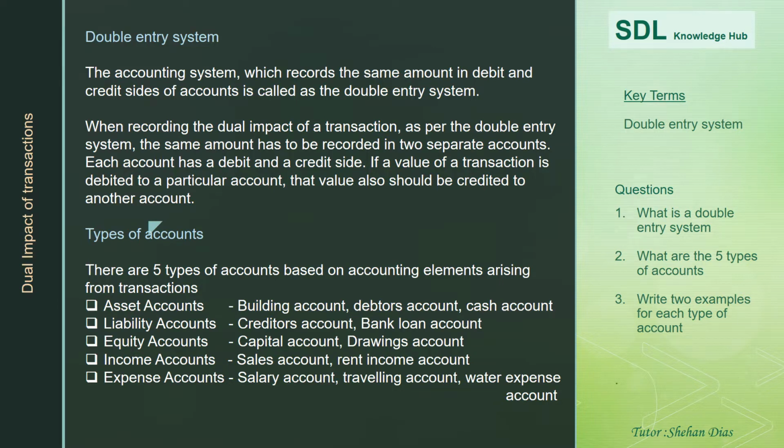Based on the accounting elements, there are five types of accounts. Those are asset accounts, liability accounts, equity accounts, income accounts, and expense accounts. If you look at examples for each of these: asset accounts, building, debtors, cash, etc. Liability accounts, creditors, bank loan, etc. Equity accounts, capital account, then drawings.